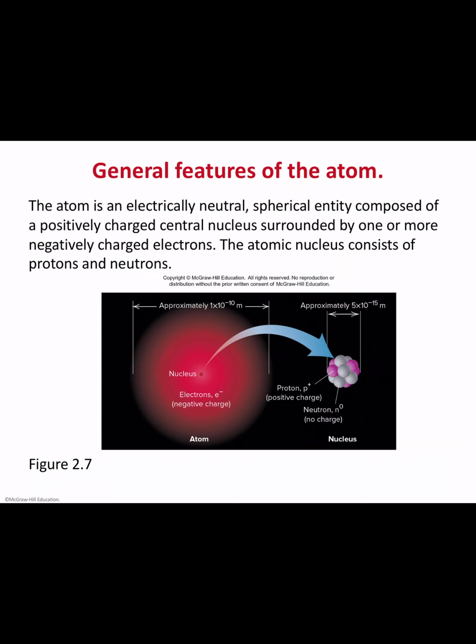We have a tiny nucleus, and the electrons are negatively charged while the protons are positively charged. Since a neutral atom has the same number of protons and electrons, there is no net charge.